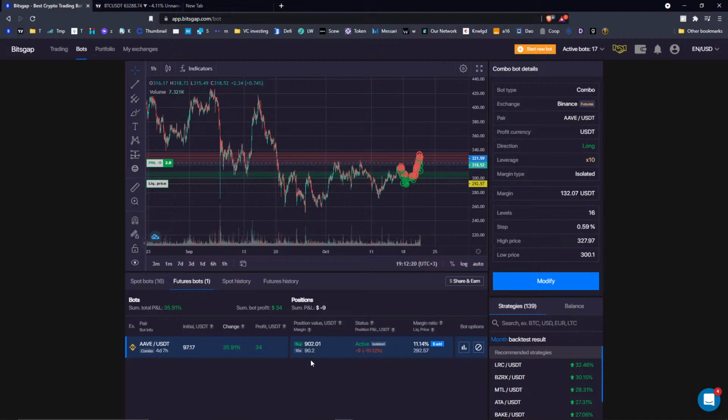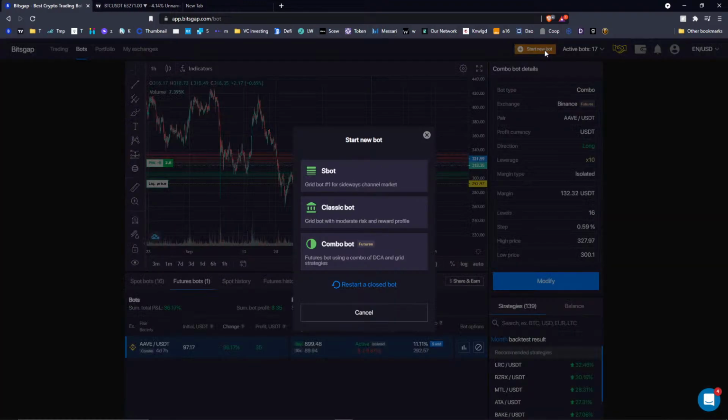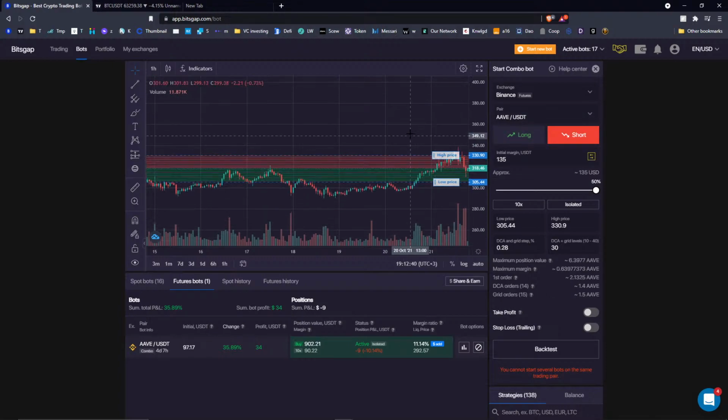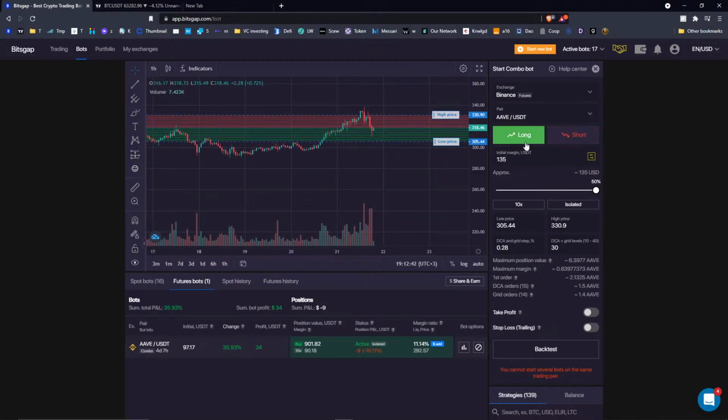So that's something you can do related to derivatives trading. But the ComboBot follows slightly different logic compared to the spot market bots, because here you can have short sell bots that make you money when the price is falling, and you can have long bots that make you money when the price is rising.